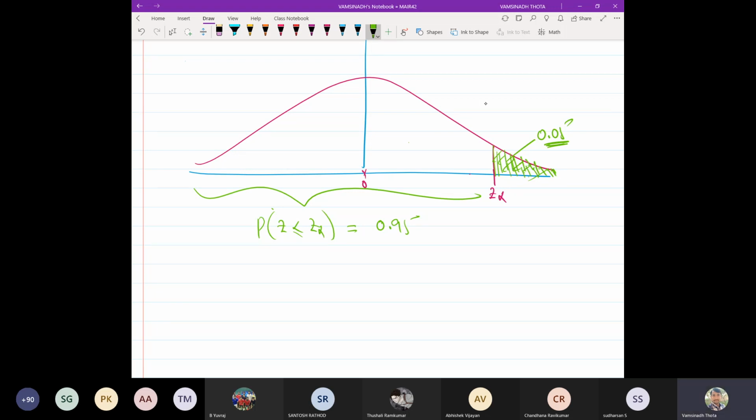But we already know from here to here it is 1/2. So 1/2 plus the probability that 0 is less than Z is less than or equal to Z alpha is equal to 0.95. And hence the probability that 0 is less than Z is less than Z alpha is equal to 0.45.